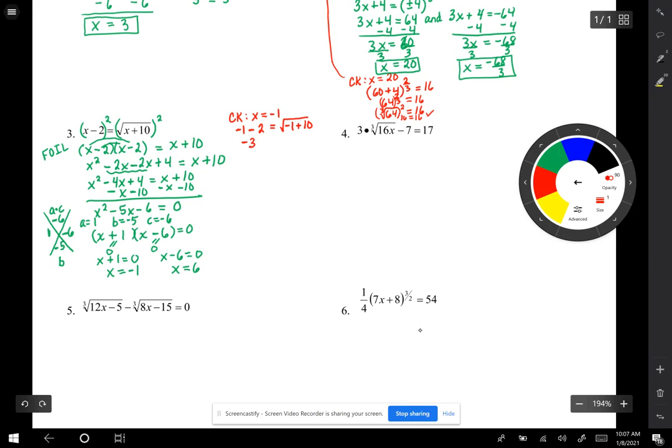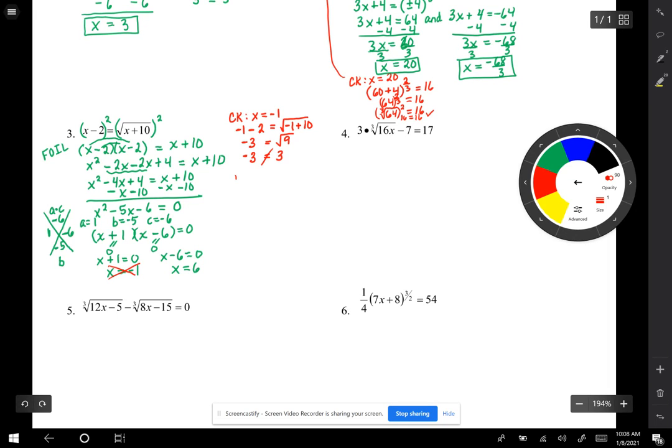That's negative 3. Negative 1 plus 9, negative 1 plus 10 is 9. And when you're just checking, you're only taking the positive square root. So the square root of 9 is 3. You're not interested in putting the plus or minus. So this doesn't check. Negative 3 is not equal to 3. So this is an extraneous solution.